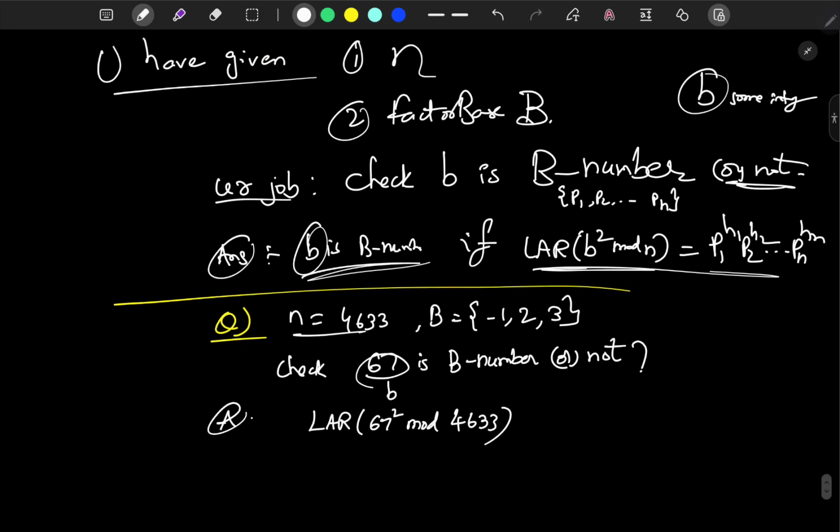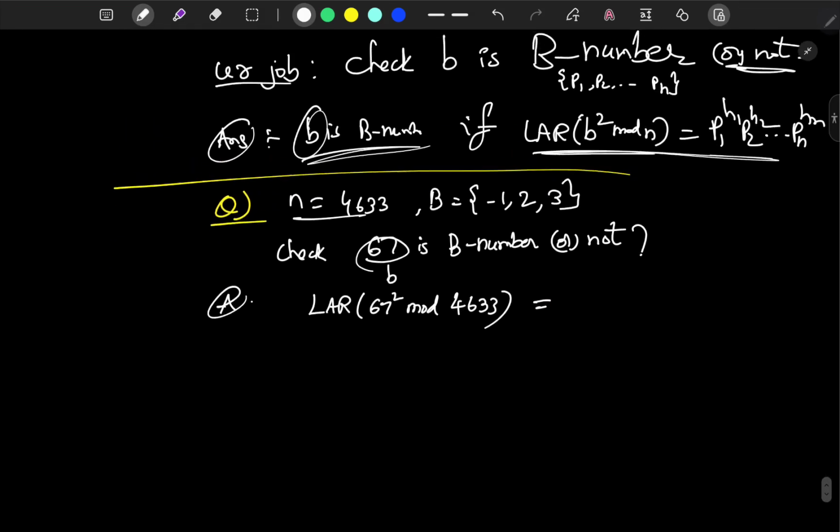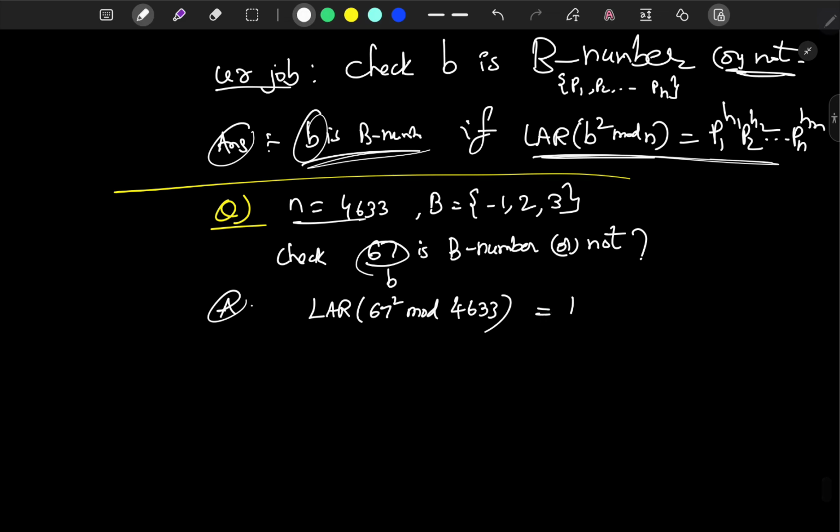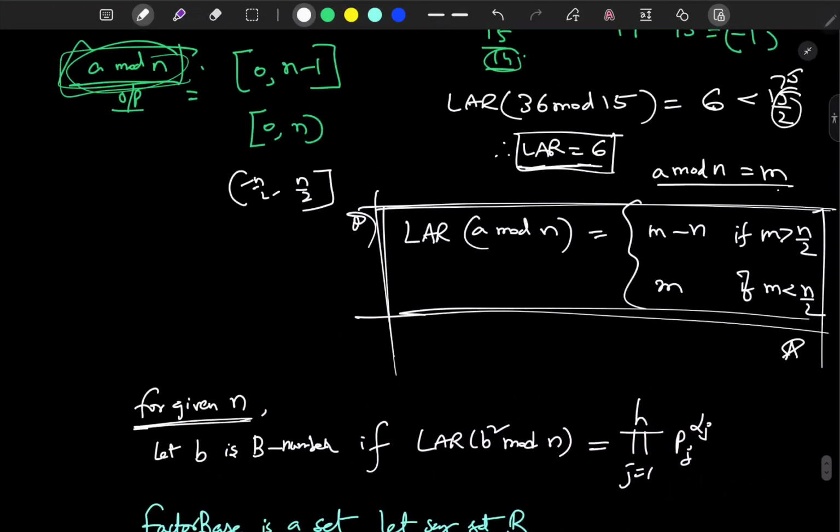I am just applying this formula. So calculate this one. How much will you get as the answer? Tell me. The LAR of 67 square. If you compute 67 square, it is 4489. Now, let's name this value m.